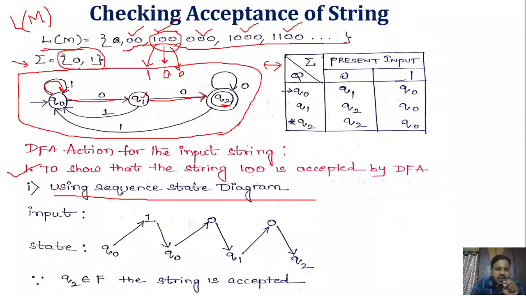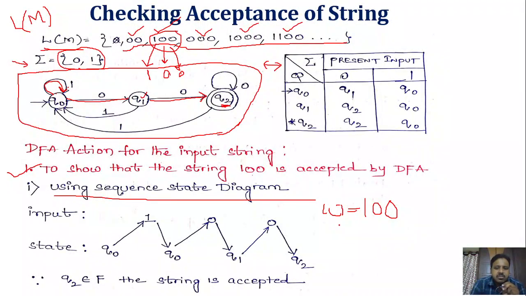First, how do we use this sequence of states diagram? Let me consider my string w equal to 100. It is the same string whose acceptance we checked just now using the transition diagram.